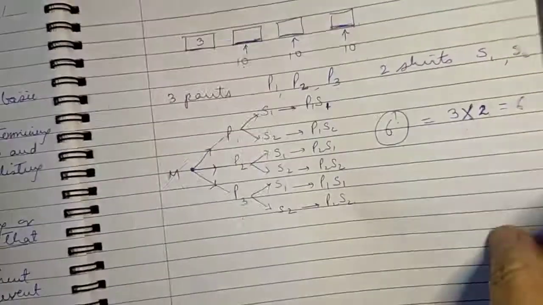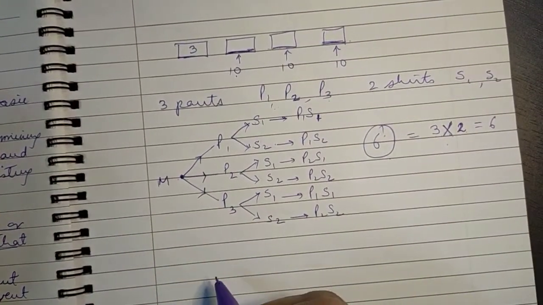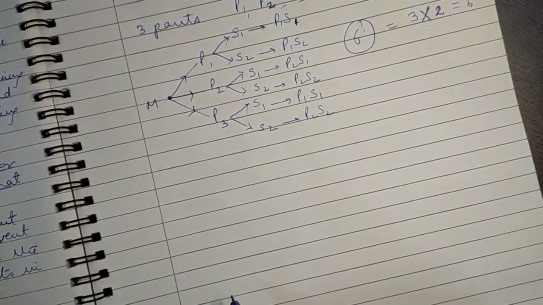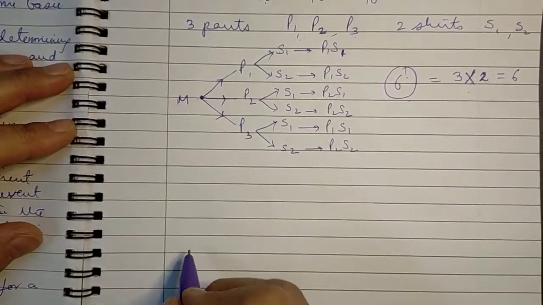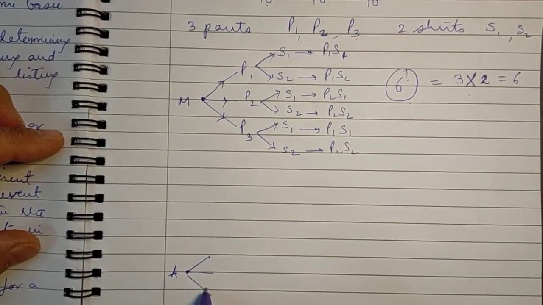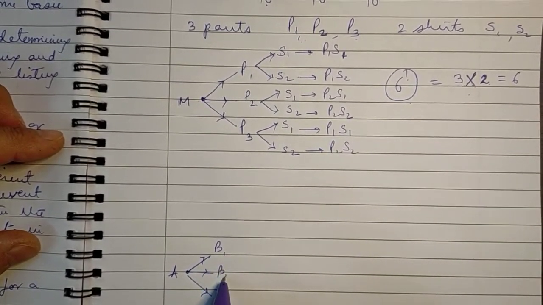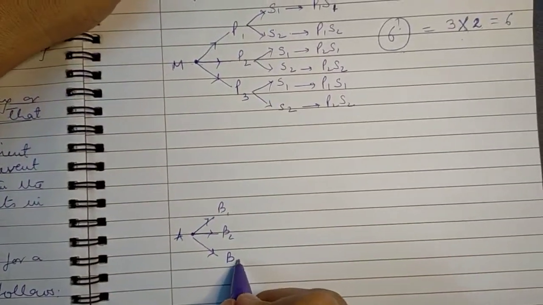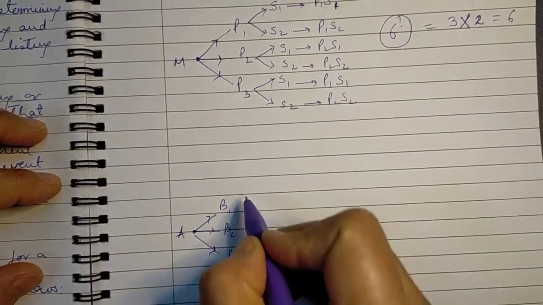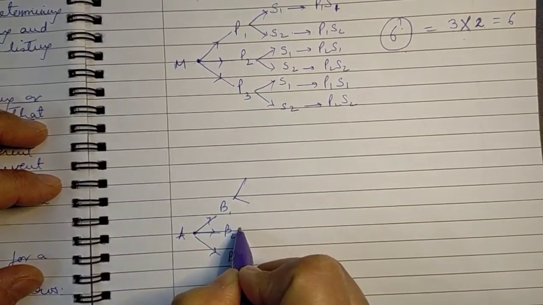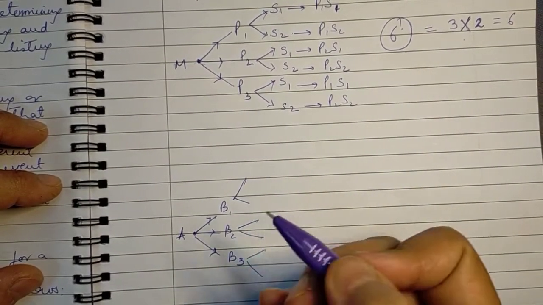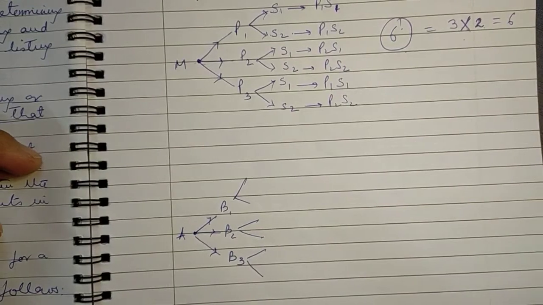Similarly, let's say that a student A has options of 3 school bags, B1, B2, B3, and then he has 2 different kinds of tiffins which he can use, and then 2 different kinds of bottles to choose from.